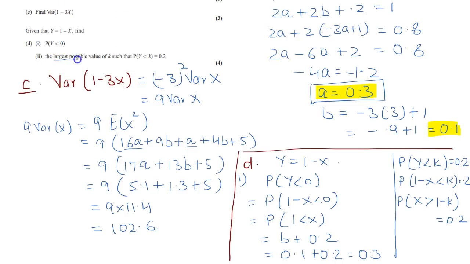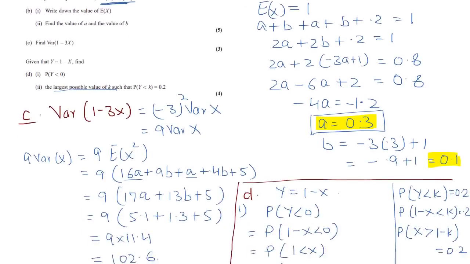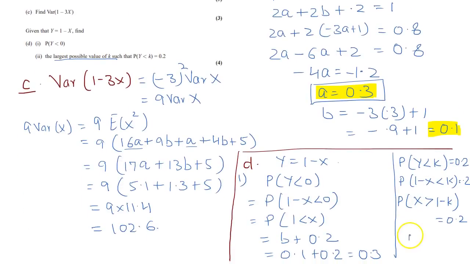It's asking the largest possible value of k. So where is 0.2? With this we can say that 1 minus k is equal to 2.